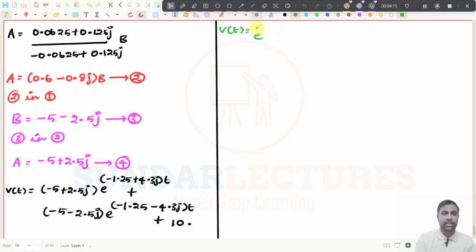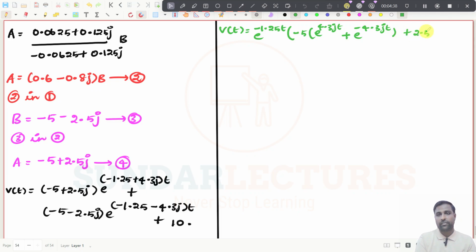You will get e power minus 1.25 t multiplied by minus 5 into e power 4.3jt plus e power minus 4.3jt, this is one term, and you will get plus 2.5 multiplied by j e power 4.3jt minus j e power minus 4.3jt.